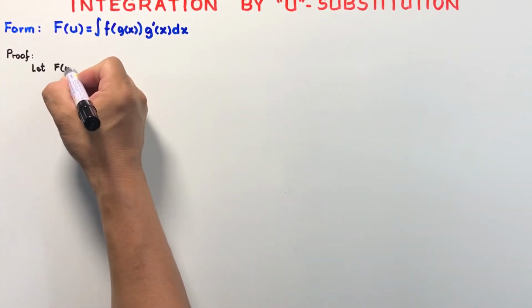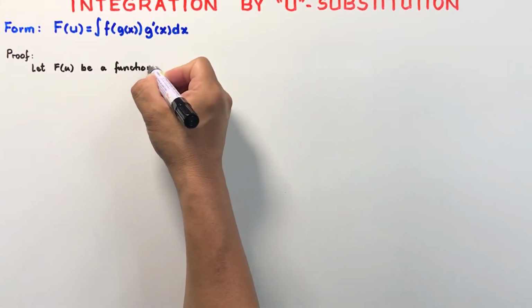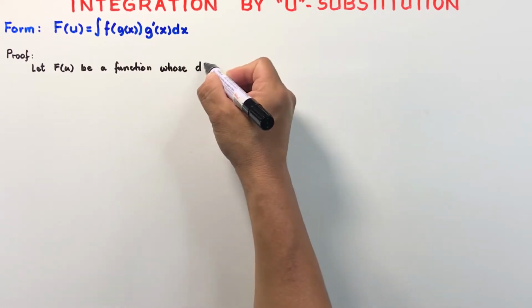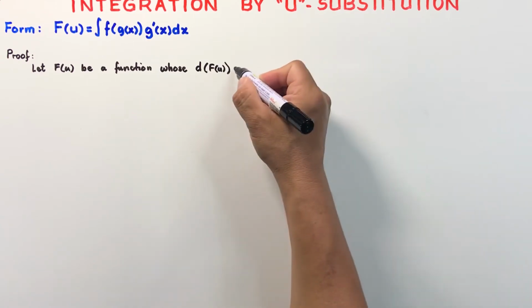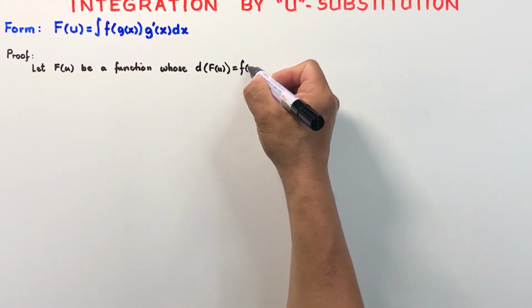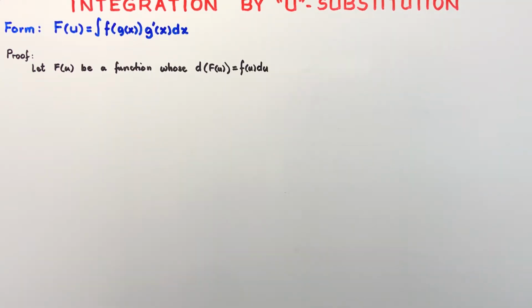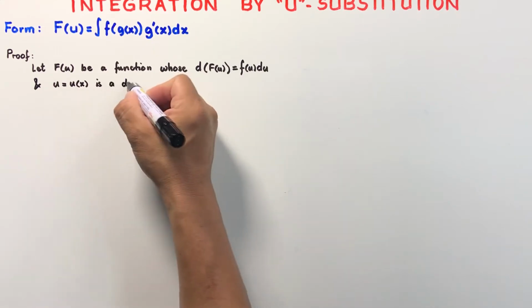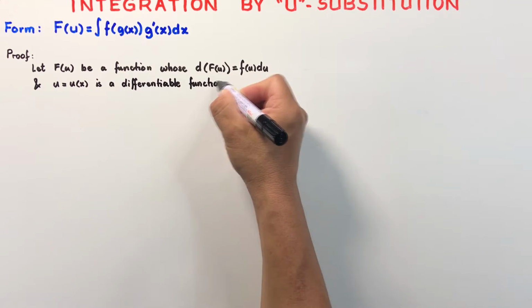Let big F of u be a function whose differential is equal to the small f of u du, and our u is a differentiable function of x.